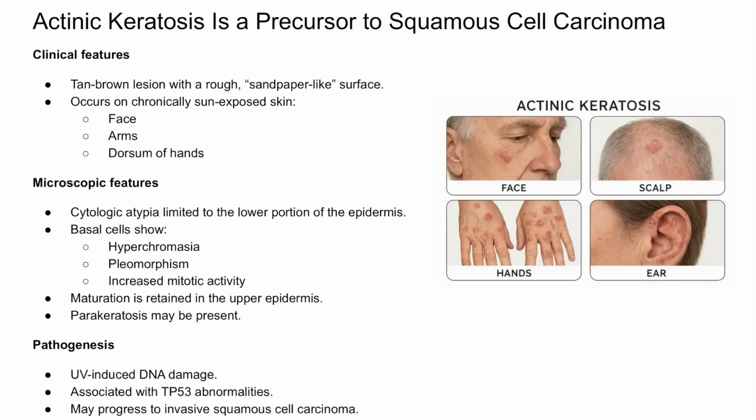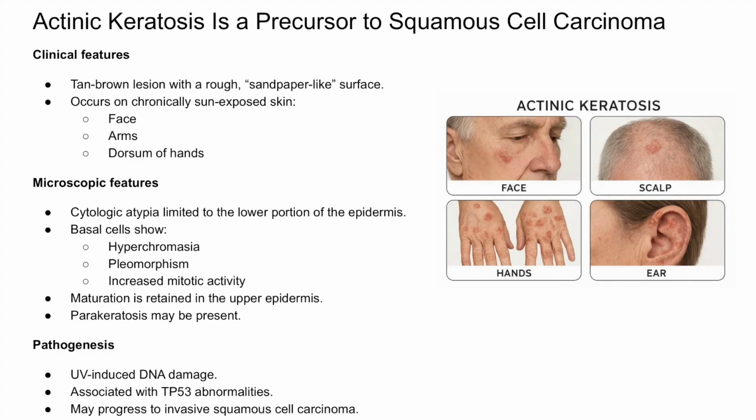All right, so actinic keratosis is a UV-induced keratinocytic lesion found on chronically sun-exposed skin, especially the face, bald scalp, ears, forearms, and back of the hands. It typically feels rough or gritty like sandpaper and may appear red, tan, or brown. Microscopically, atypical keratinocytes are concentrated in the lower epidermis, while maturation is retained closer to the surface.